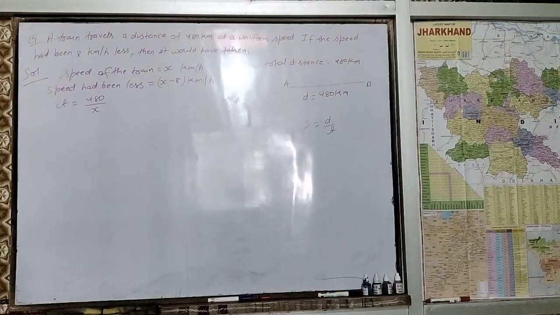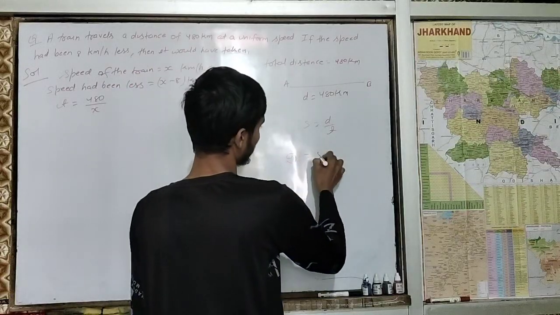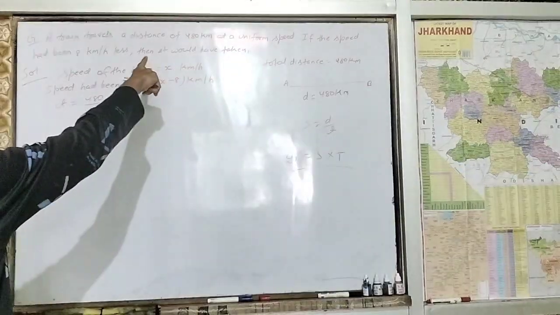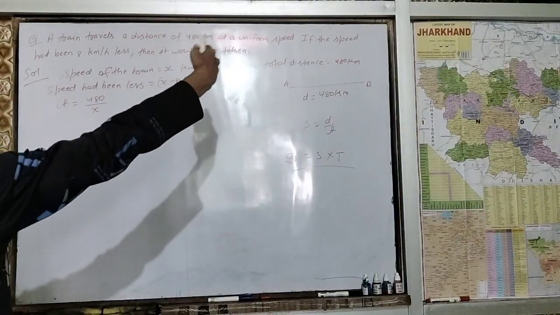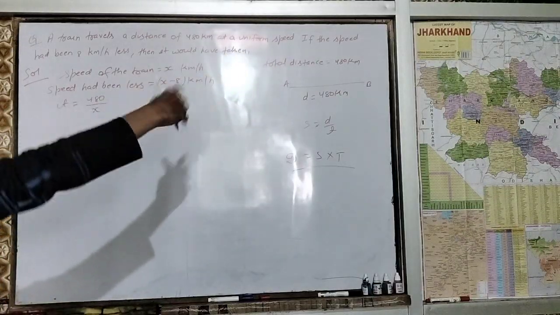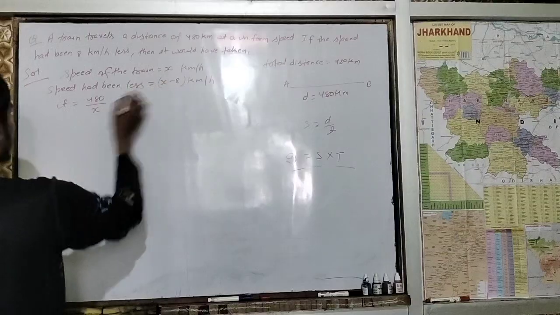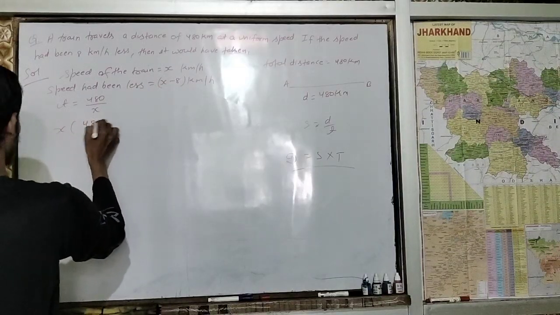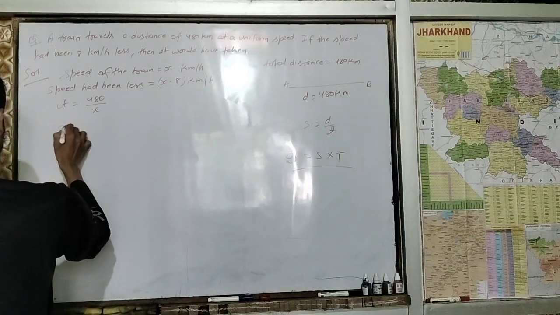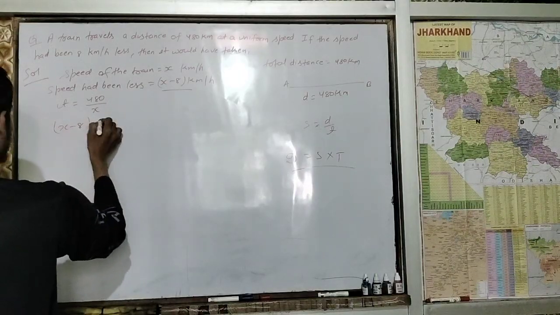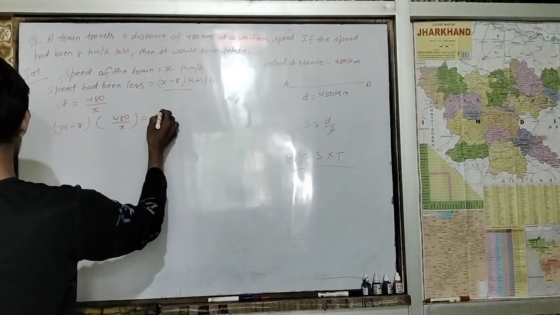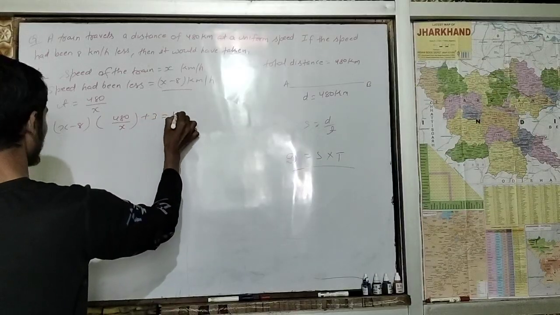As we know, distance is equal to speed multiplied by time. Here 3 hours will come. The same distance will be covered within 3 more hours. So x minus 8 is the speed, and the time is 480 upon x plus 3, which is equal to 480.